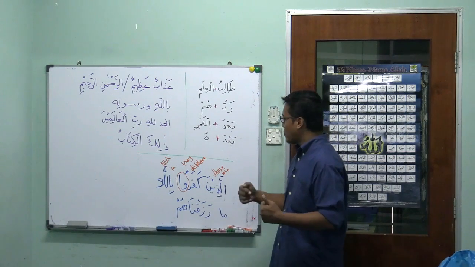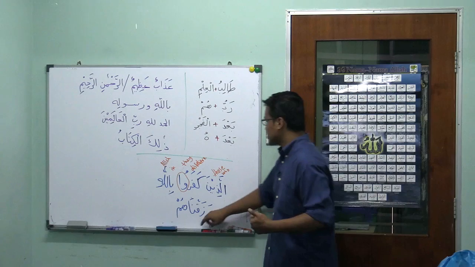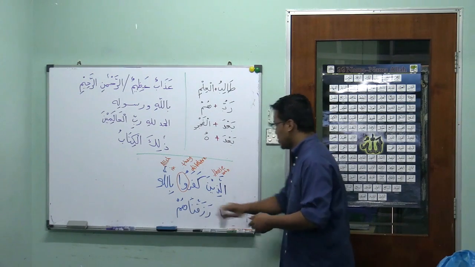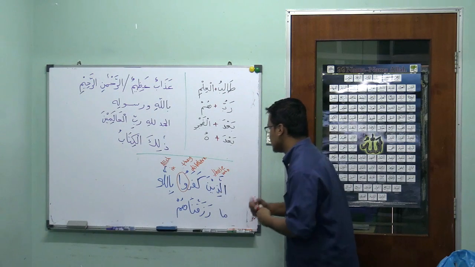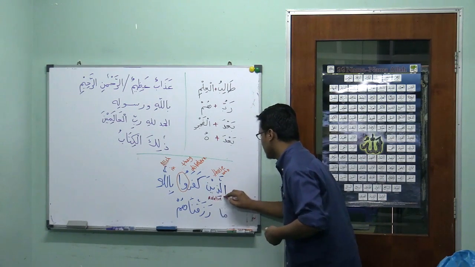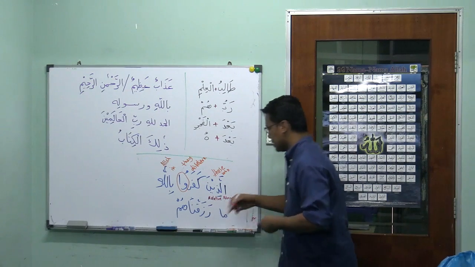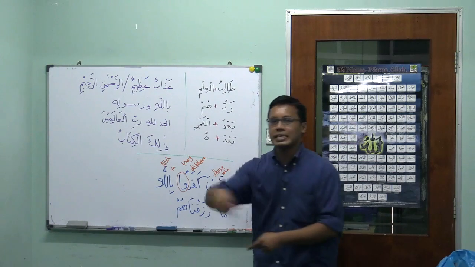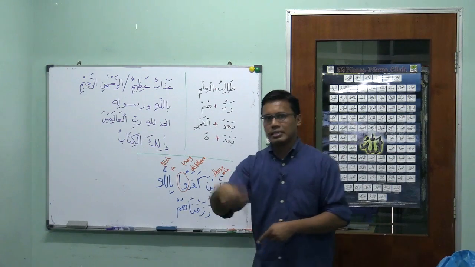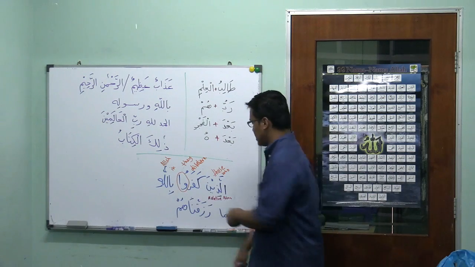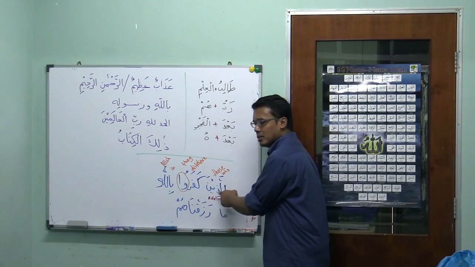But when we go to the functions, we call this a relative noun, and a relative noun means this noun has to relate to something. Without something else, it is not relatable.